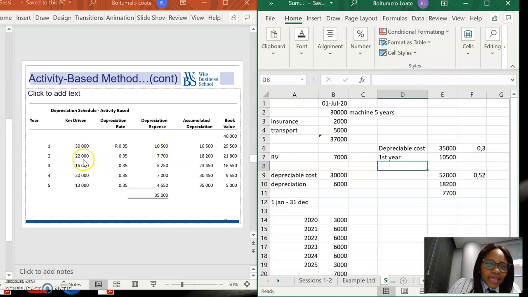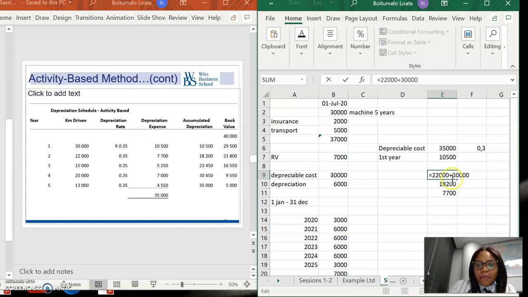In the second year, you've used it for 22,000 kilometers. So there's two ways of calculating it. You can either add up the 30,000 and the 22,000 to get to what your accumulated depreciation will be. So we've now in total used it for 52,000 Ks over years 1 and 2. Okay.